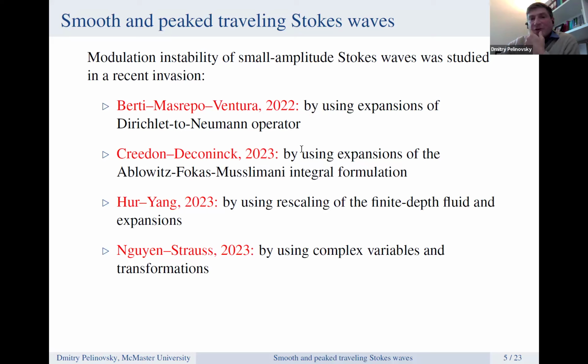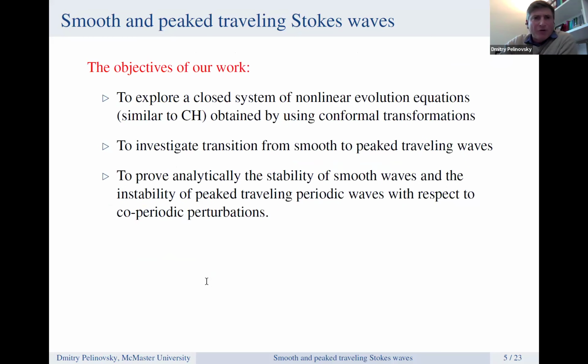What I wanted to mention is that we are going to work with the formalism which is not in the list. We are going to work with a formalism based still on conformal transformations, something similar to the work of Walter Strauss, but with some modifications. The objective of our work is to inspect a closed system of nonlinear evolution equations, which we can obtain here to eliminate the elliptic part of the problem and reduce it to Hamiltonian dynamics.